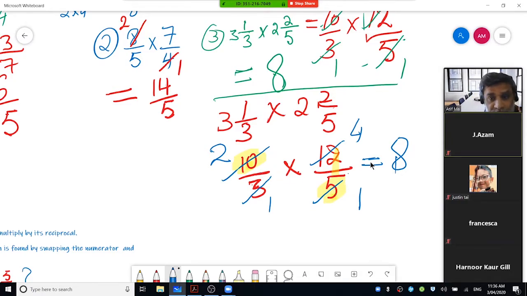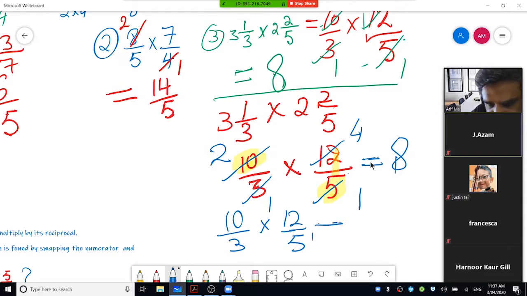This is something where students sometimes make a mistake because they do not know. I can do it in another way also so that you understand. Instead of simplifying, we have 10 over 3 and 12 over 5. If you multiply the numerators and denominators separately, 12 times 10 would be 120, and 5 times 3 is 15.